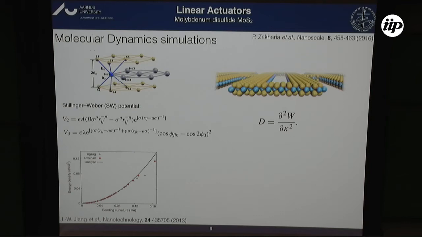And the choice of potential is the Stillinger-Weber potential, because it yields a well-defined bending rigidity that can be extracted from this potential, as you can see here in the fit of the energy density and the bending curvature by doing a simple bending test on a flat sheet of this material.